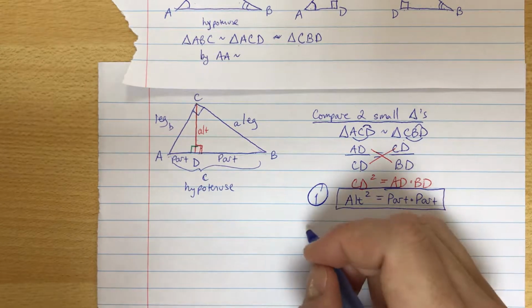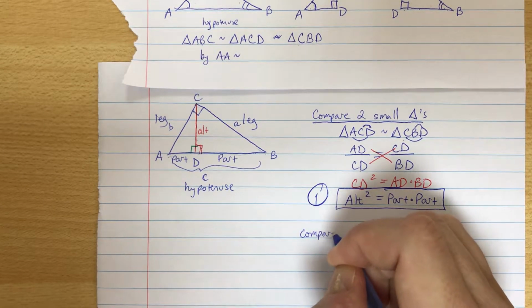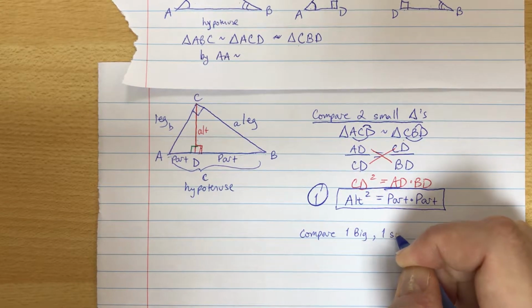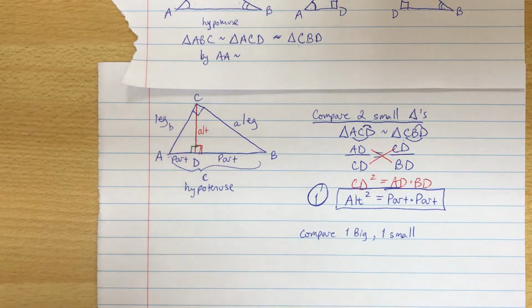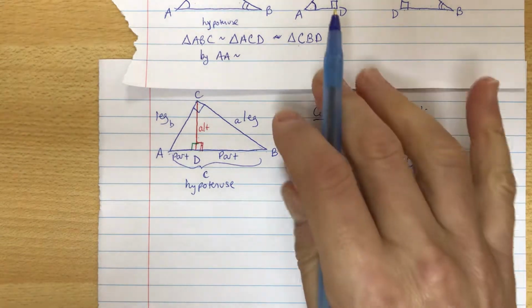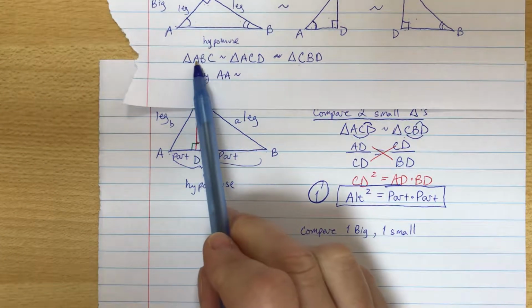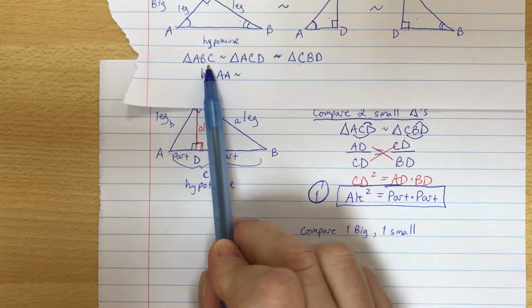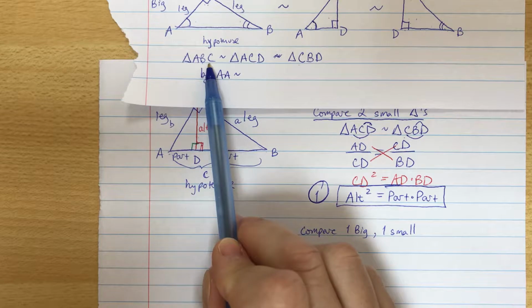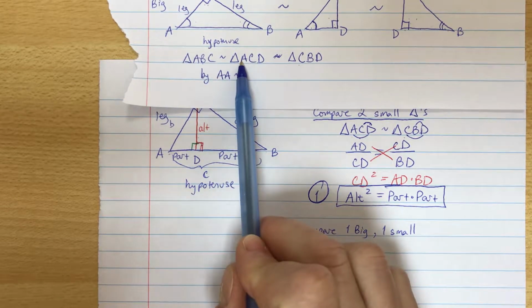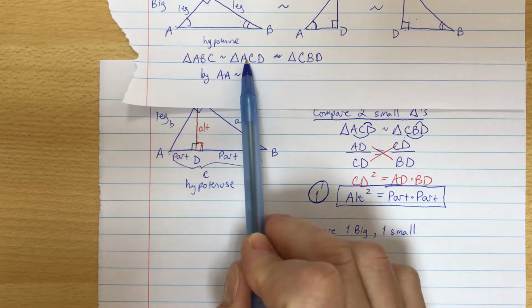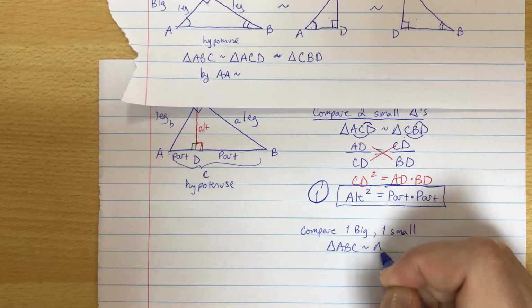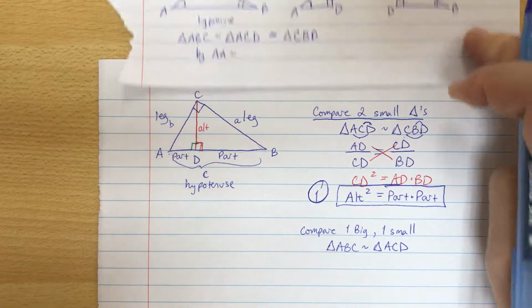Okay, now let's compare the big triangle to one of the small ones. If you look at the top here, we had triangle ABC, that was the big one. And let's compare that to triangle ACD. Triangle ABC is similar to triangle ACD.